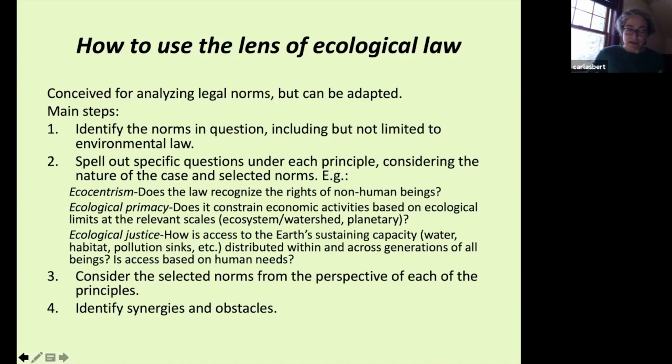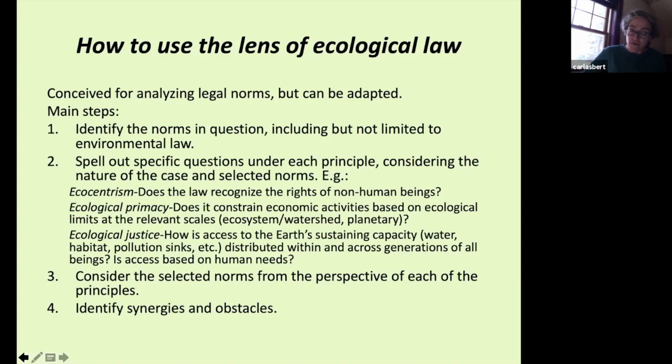So just to give you a few examples, under ecocentrism, one specific question that might be asked is whether the norms are recognizing the rights of non-human beings, or perhaps are constraining the rights of humans within ecological limits.